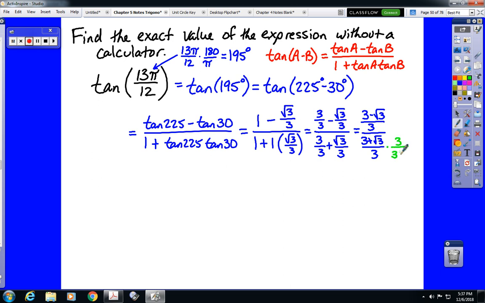So 3 over 3 plus root 3. Remember, that's in parentheses, as is this. And multiply the bottom and the top of the fraction by that fraction. Remember, there's parentheses.